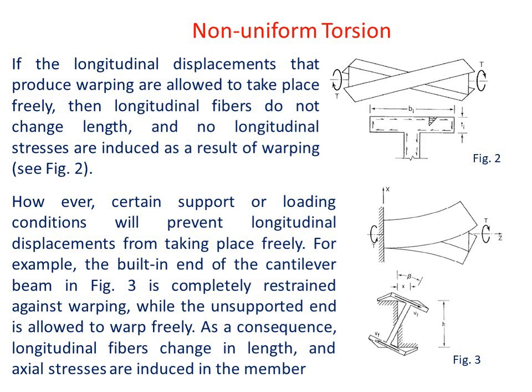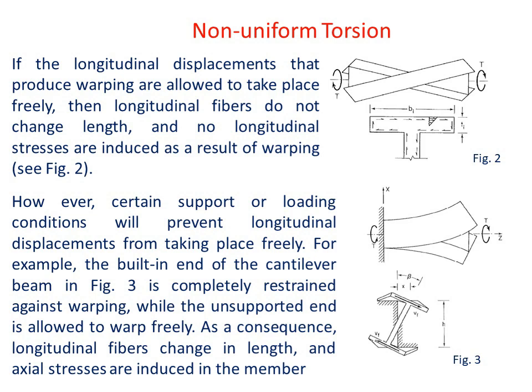However, certain support or loading conditions, such as a cantilever beam with a fixed support, will prevent the longitudinal displacement from taking place freely. For example, the built-in end of the cantilever beam in figure 3 is completely restrained against warping, while the unsupported end is allowed to warp freely. The fixed support restricts the warping, but the free end warps freely.